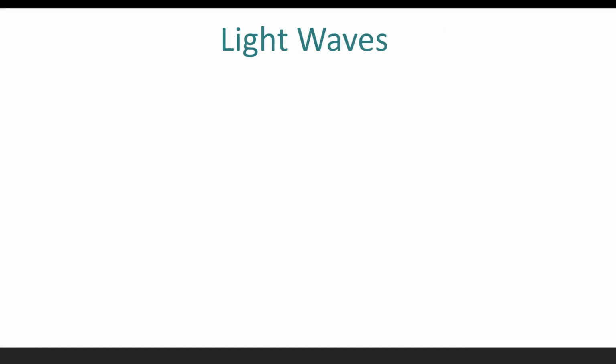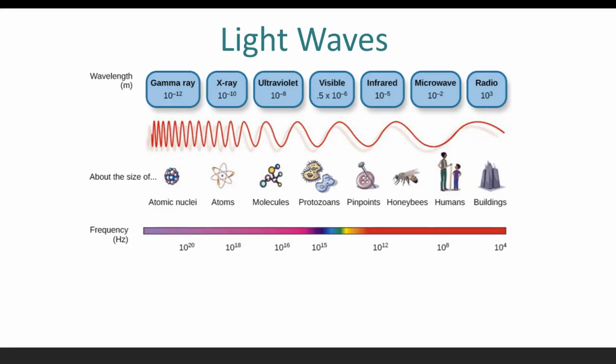And moving on to light waves. Here is the light waveform spectrum, and the visual spectrum here is the portion of the larger electromagnetic spectrum that we can see. So this is the spectrum of light that's visible to us. Everything here is more microscopic, so we can't see atoms or molecules. This is more gamma ray, X-ray, and ultraviolet light.